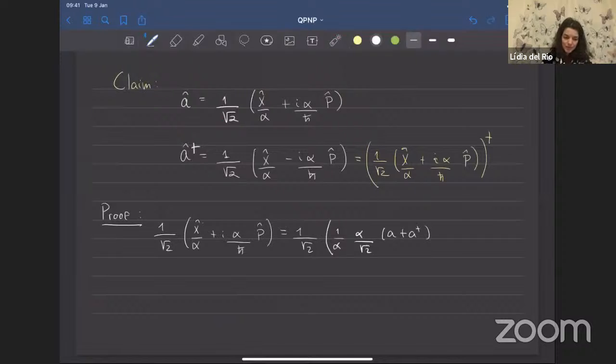And now we have plus, yes, plus i alpha over h bar. And now the definition of p, which was h bar over alpha i square root of 2, (a minus a dagger). Okay.